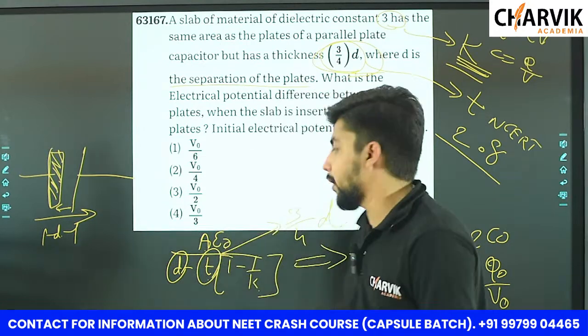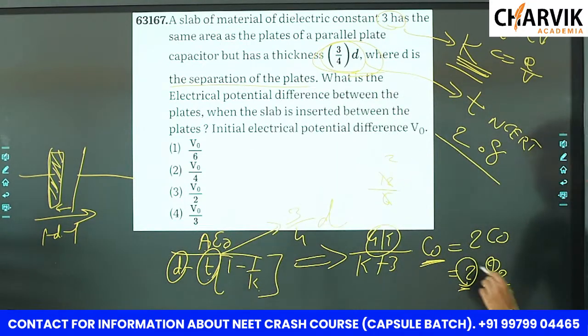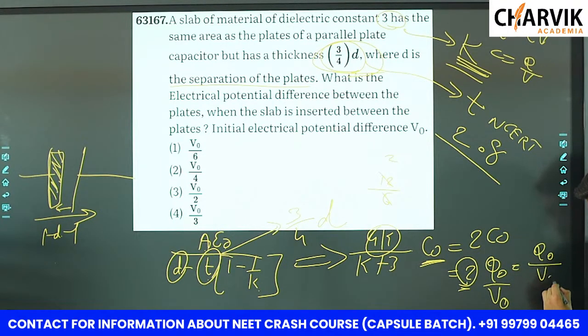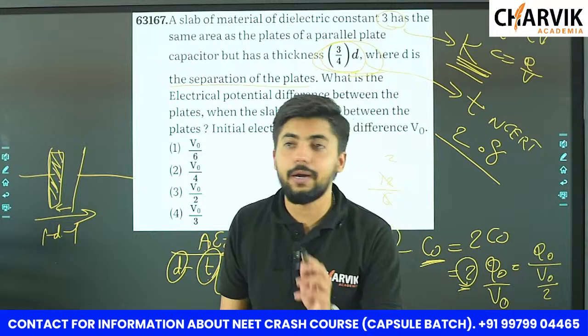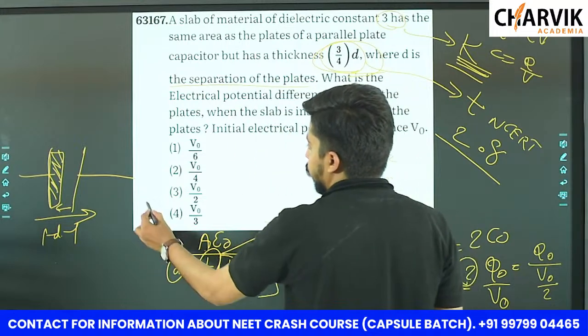So we can say there is a change in the potential only. I can write this equation as Q naught divided by V naught divided by 2, and then this 2 will come into the numerator. So what is the change in the potential? The potential becomes V naught divided by 2, which is given in your third option.